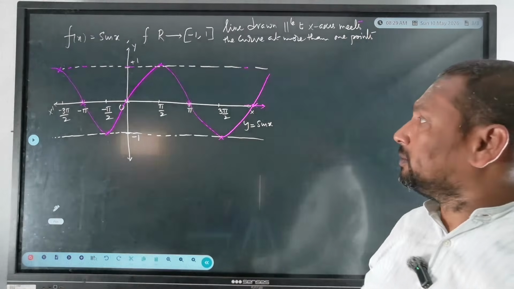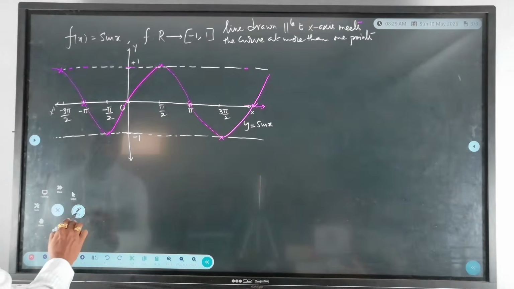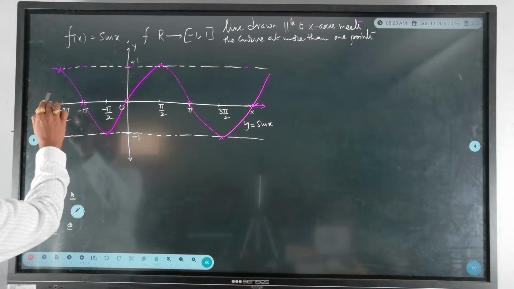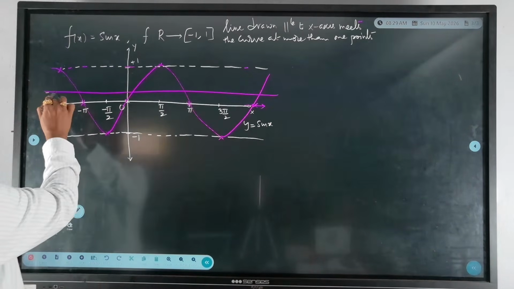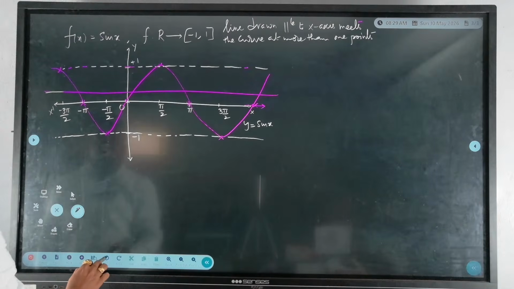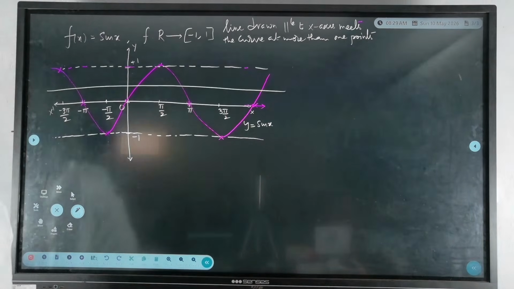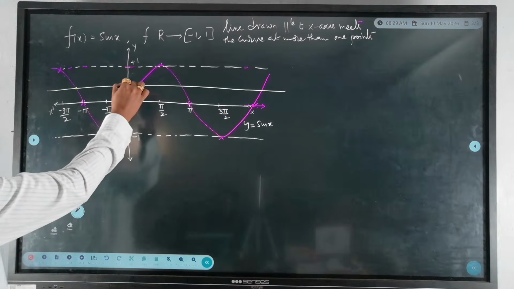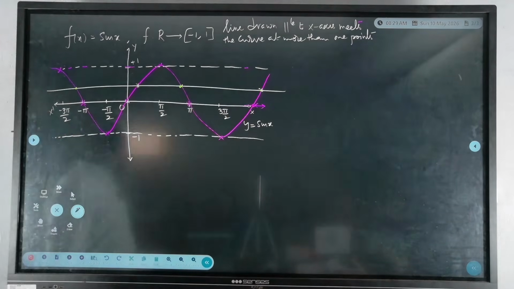What does it mean? Suppose you take a line parallel to the x-axis. This line meets the curve at how many points? This one, this one, this one, this one.